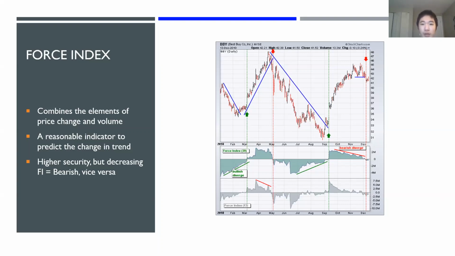If you look at the chart that I have for you guys on the right, which is Best Buy from New York Stock Exchange, for the first part of the chart before the green line, the price trend is going downwards. But looking at the force index, yes, it is negative, but it's increasing.